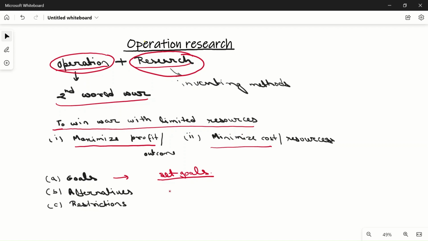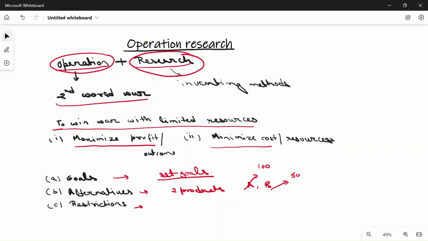Suppose you have two products, A and B. Then you have the alternative to produce only product A, say 100 quantities, or 50 quantities of product B. You have the option to produce product A or product B or both. So you have to see what alternatives you have, so that you can produce in combination and earn the maximum profit.